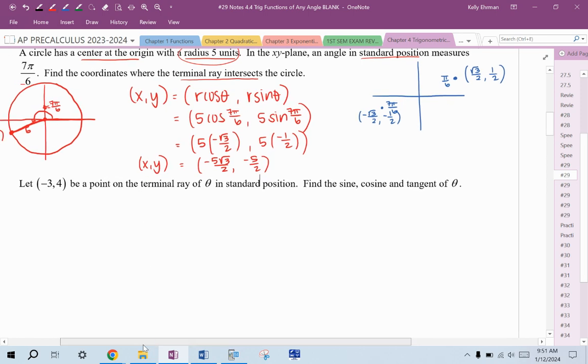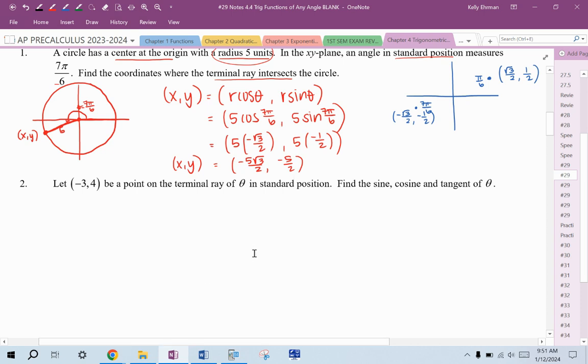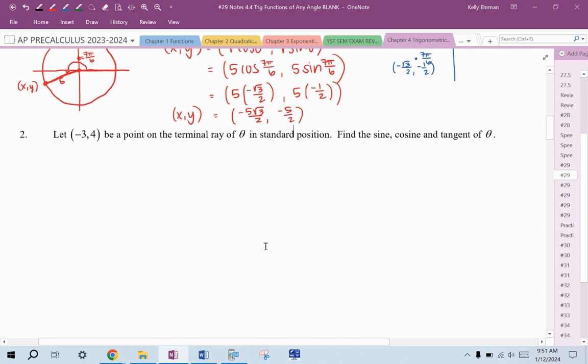All right, this problem is just a kind of a classic trig problem. We have a lot of these in the textbook. Let negative 3, 4 be a point on the terminal ray of theta in standard position. Find sine, cosine, and tangent of theta. First thing is just plot that point correctly. So in an xy plane, we go left 3, up 4.